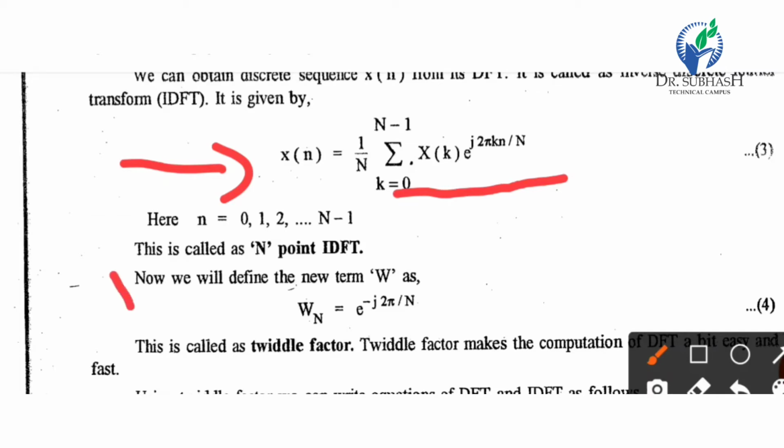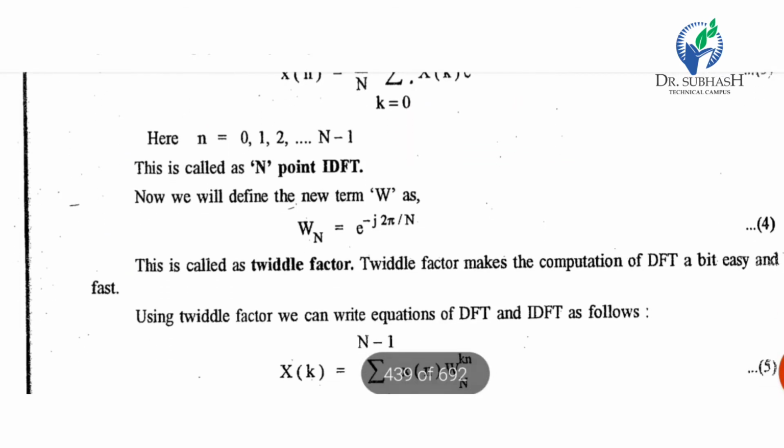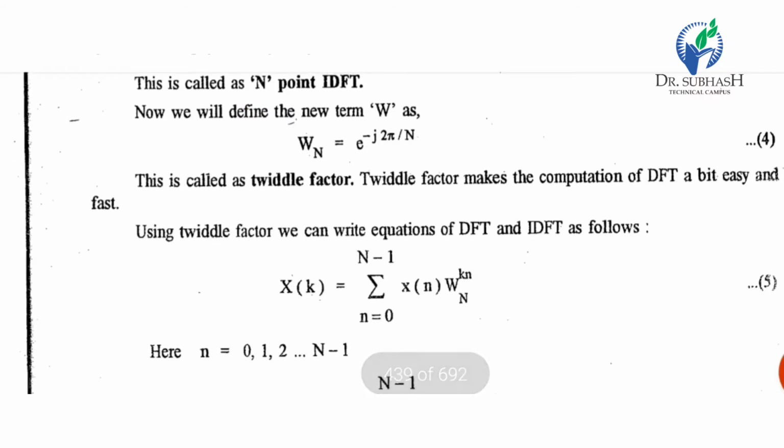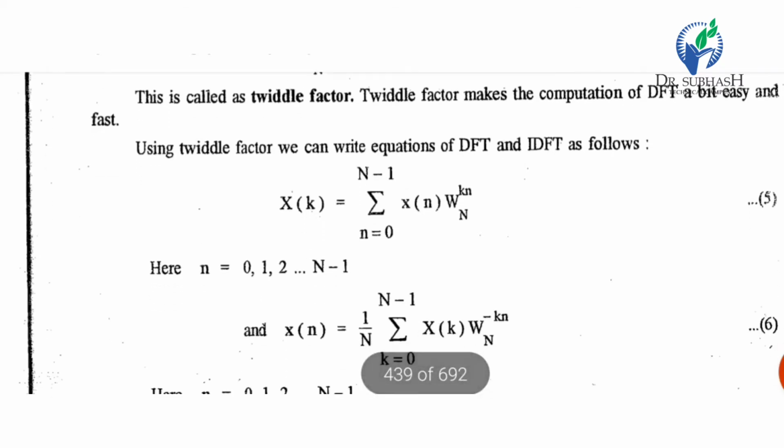Now we will define the term omega or W. So W_N equal to e raised to minus j 2 pi upon capital N. This is called the twiddle factor. Twiddle factor makes the computation of DFT a bit easy and fast. Using the twiddle factor we can write the equation of DFT and IDFT.